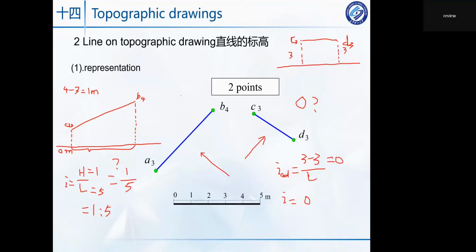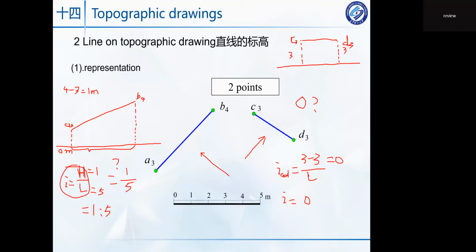I think the concept of slope is very easy. If you forget, you can remember this formula.